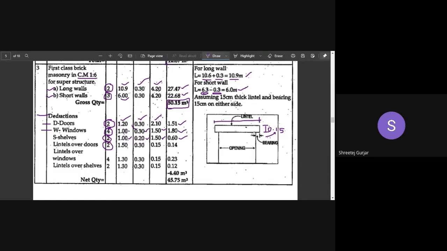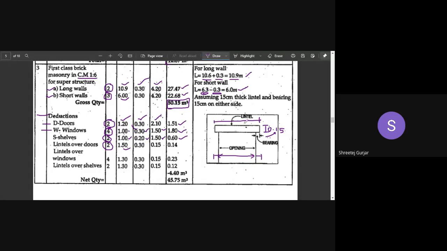So we know the door opening length is 1.2, plus this bearing plus this side bearing. So it will be 15 centimeters, 15 centimeters, 2 times, plus this opening 1.2. Sorry, it will be 1.5 meters totally from here to here.